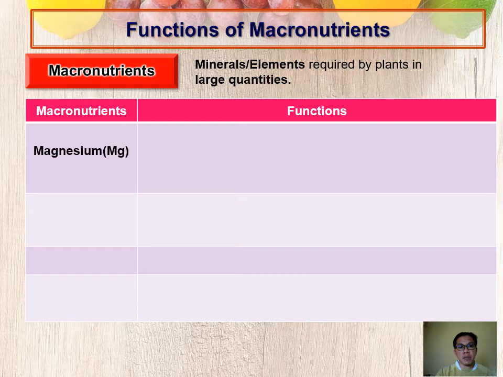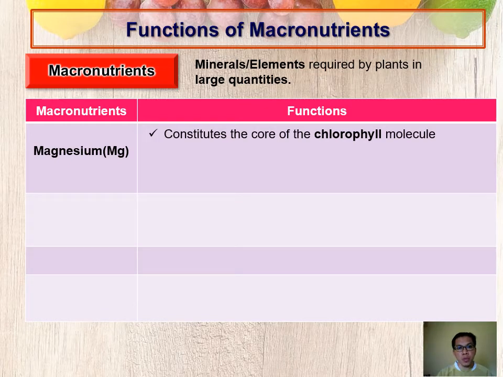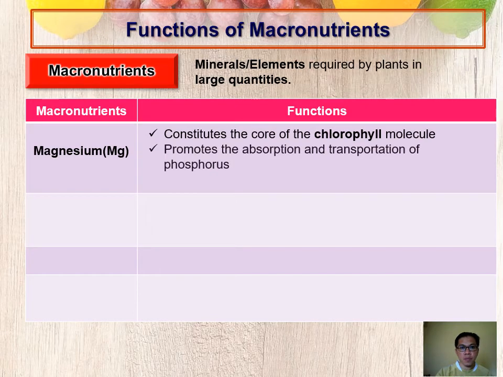How about magnesium? Okay, the function of magnesium is constitutes the core of chlorophyll molecule, menggantikan molekul-molekul chlorophyll, promotes the absorption and transportation of phosphorus, membantu dalam penyerapan dan pengangkutan phosphorus, and also acts as enzyme activator, pengaktif enzyme.